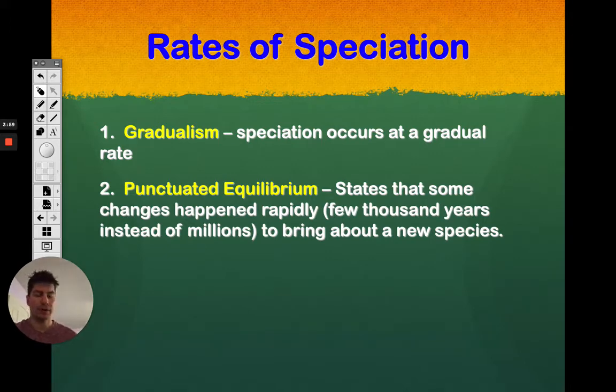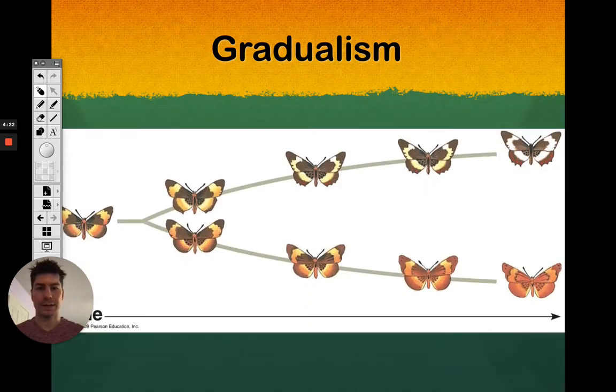It's just like, okay, at one time we had this species and 1,000 years later, completely changed. That is very, very quick in the whole timeline of Earth, where gradualism is going to take millions of years. So with punctuated equilibrium, very quickly, we have rapid changes in these species. Gradualism takes a long time.